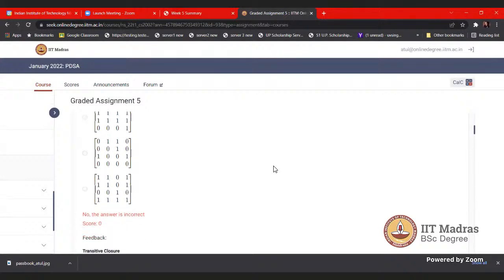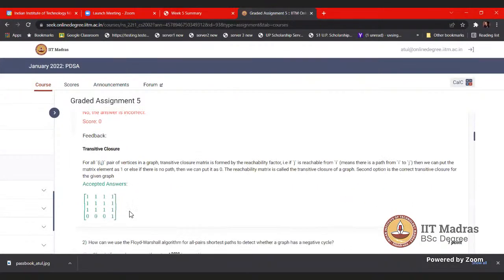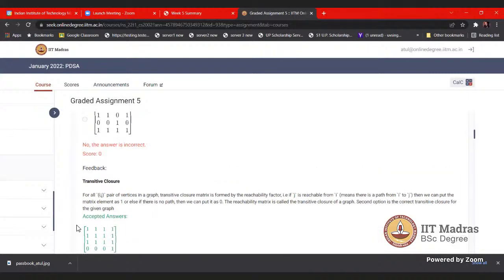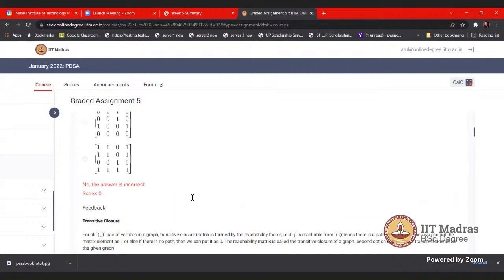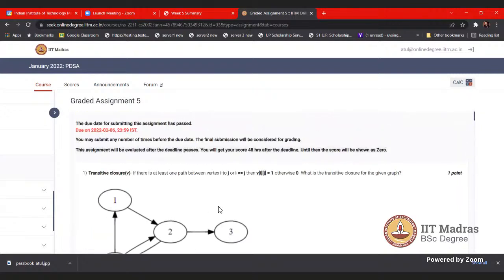If you see this matrix, the answer is this one. Here we check all combinations. The rows are 0, 1, 2, 3 and the columns are 0, 1, 2, 3. If a path is available from any starting node to any destination node, we represent it with one. So transitive closure basically represents the reachability from any node to another node.